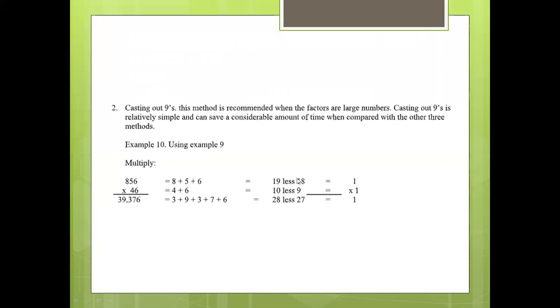So we have 19, less 18 is 1. 10 less 9 is 1. 28 less 27 is 1. 1 times 1 is equal to 1. The difference that we had upon subtracting all this is 1.